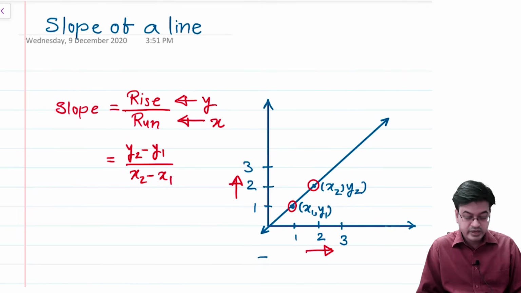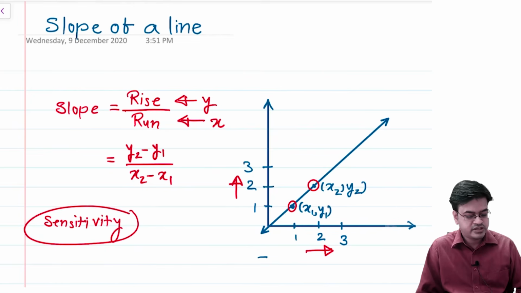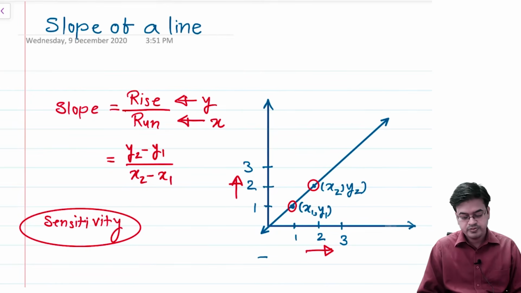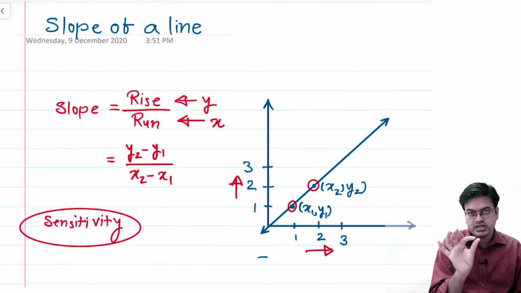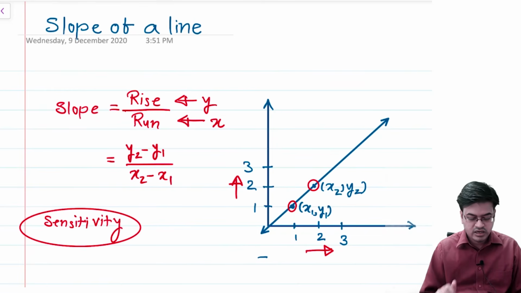This slope actually denotes the sensitivity of the expression with respect to the change in x direction.